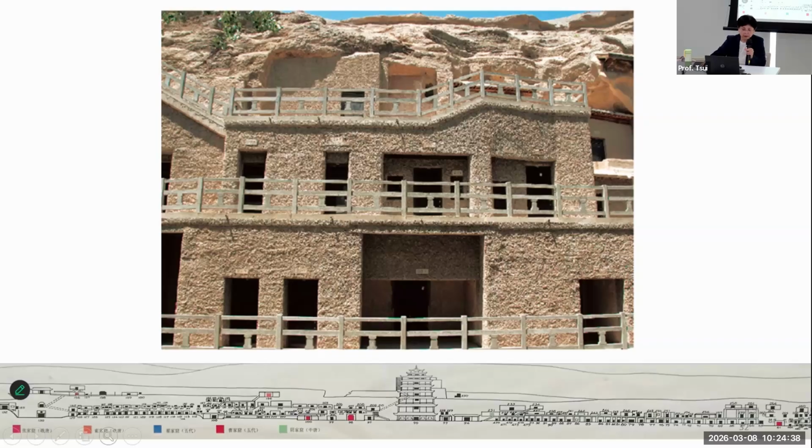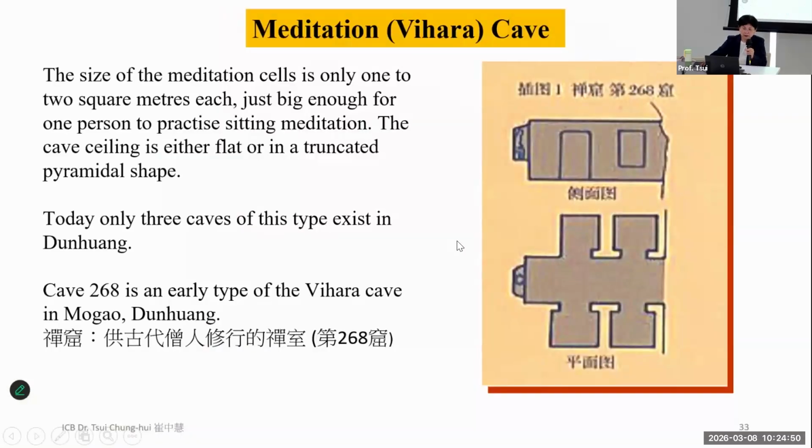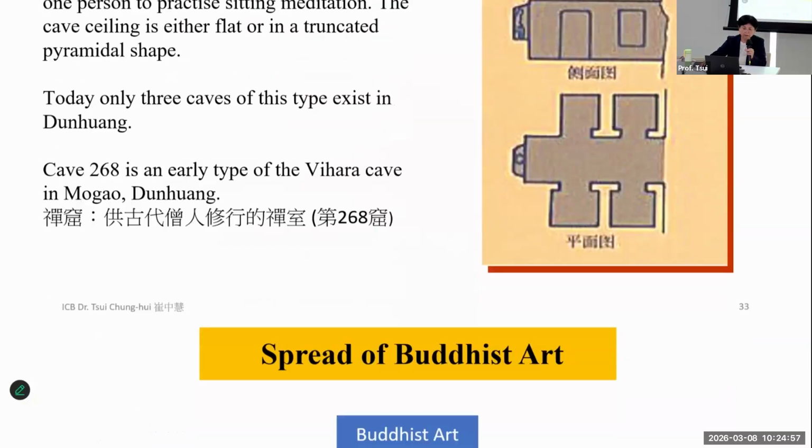Based on the numbers, there are a total of more than 400 caves in the southern area. So here is the southern area. The earliest caves were used for the purpose of meditation.